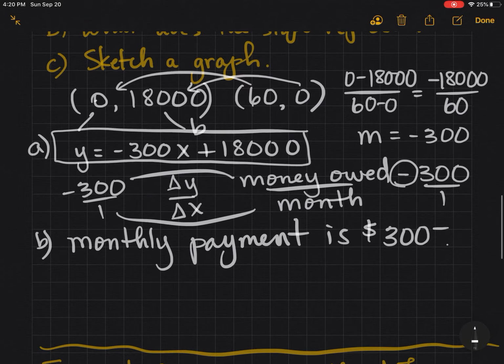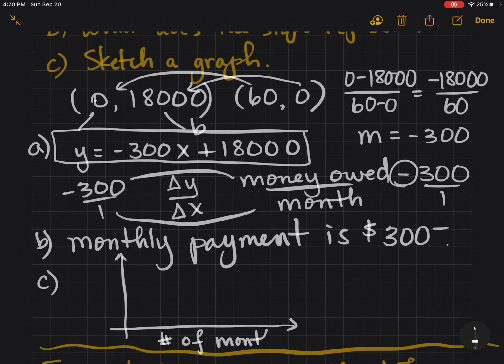Now, let's look at a brief sketch. And when I say sketch, it's nothing serious. X, which we want to put on the horizontal axis, represents the number of months. And the y-axis is the money owed.